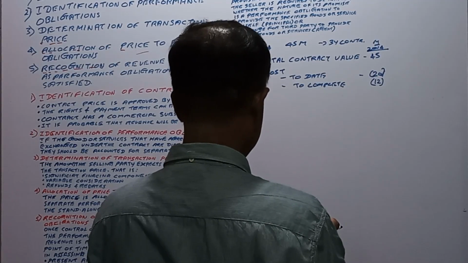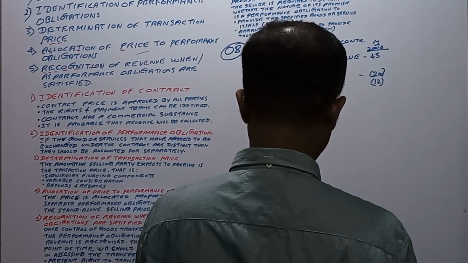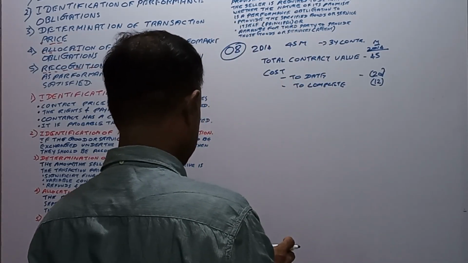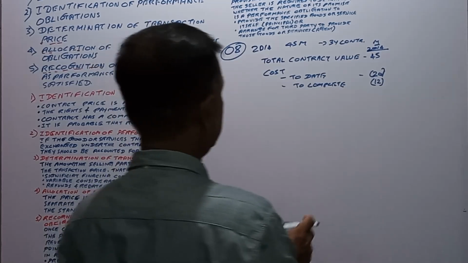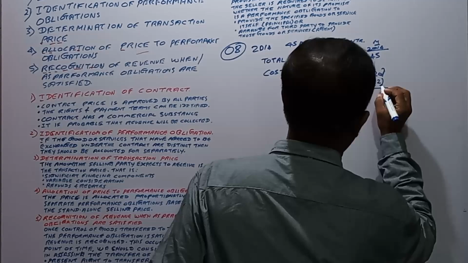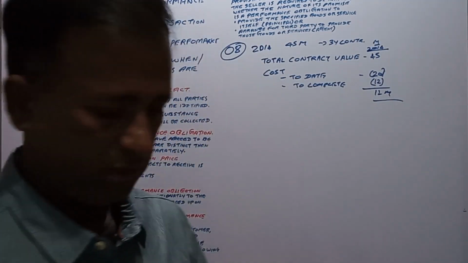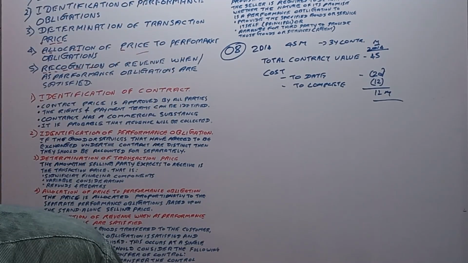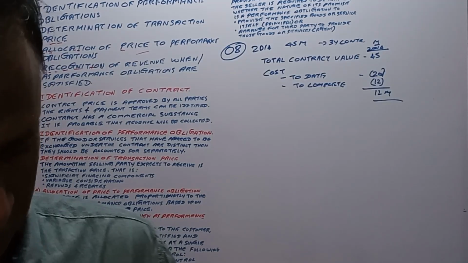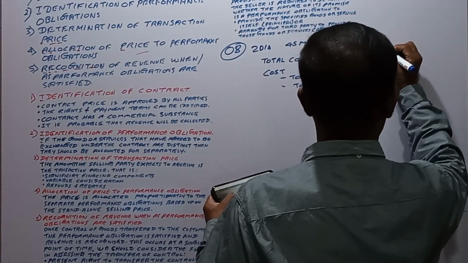Work certified as completed in 2015, 15 million. Stage of completion in 2015, they want 12 million. 12 million is a profit. 2015, right?